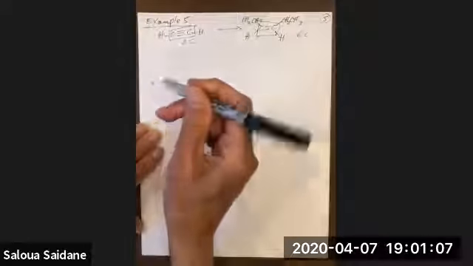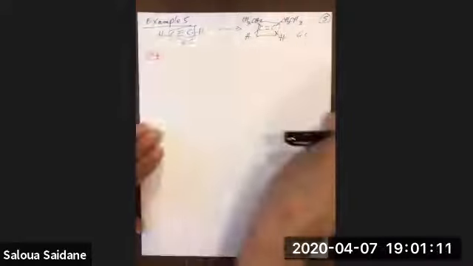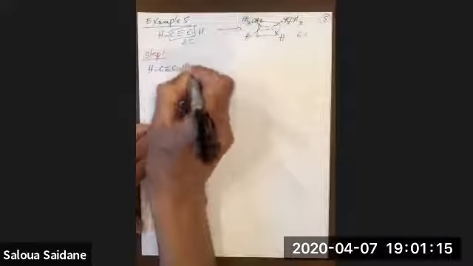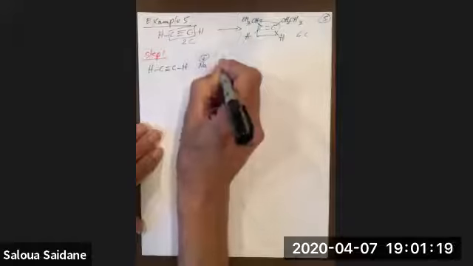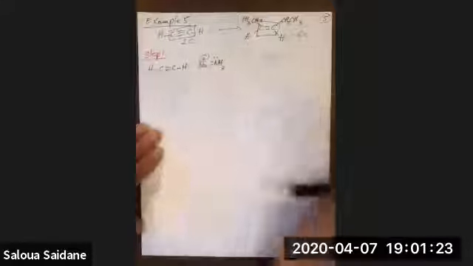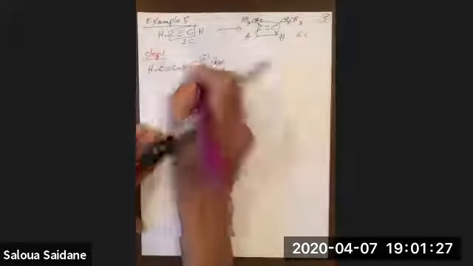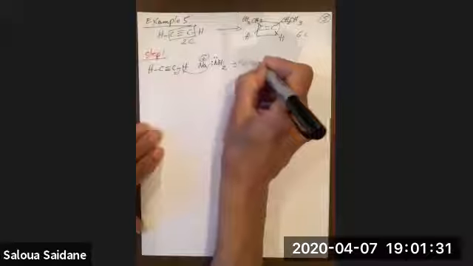So what do I do first? Step 1. I'm going to start with HCCH again, Na plus, NH2 minus. So every time you want to add carbon, first you remove that terminal proton to produce the acetylide ion.